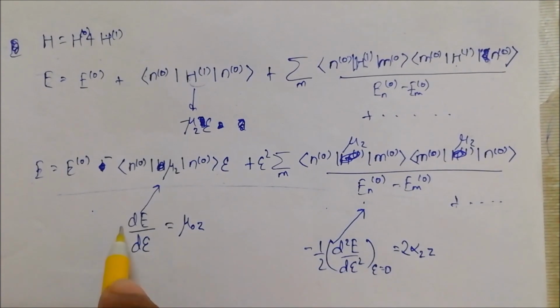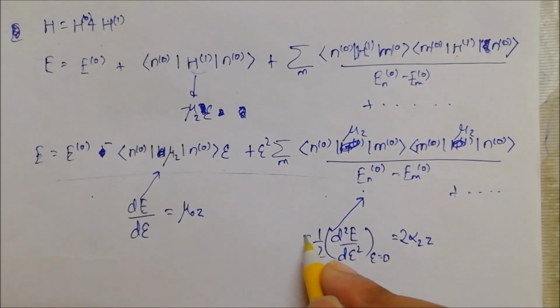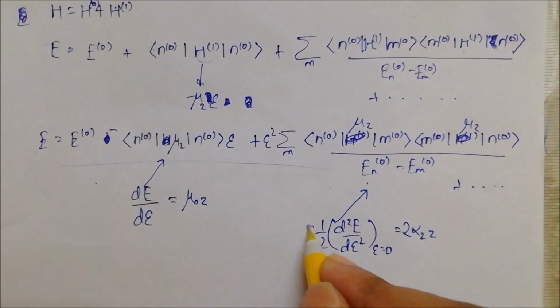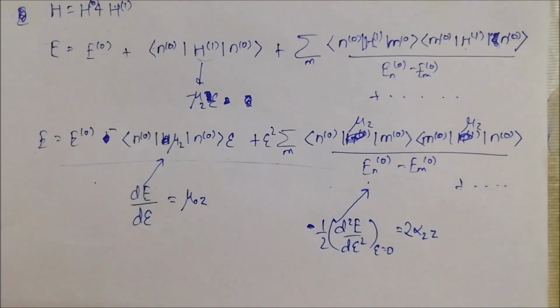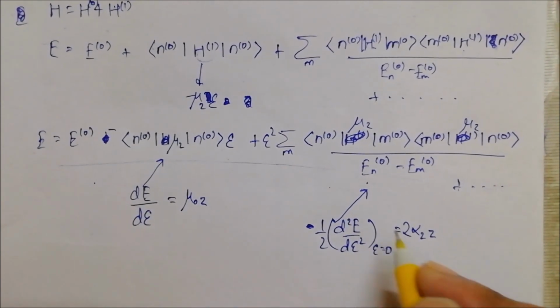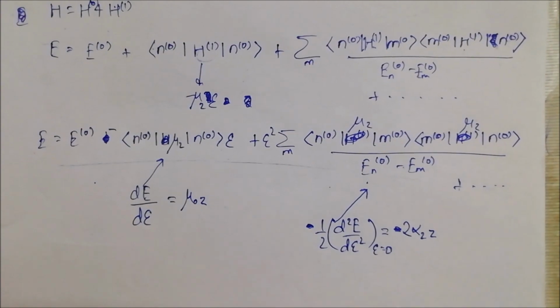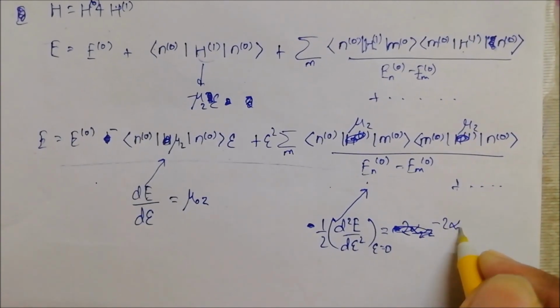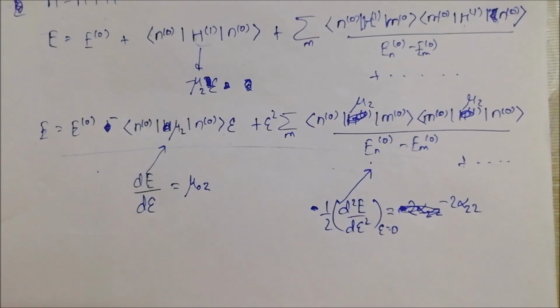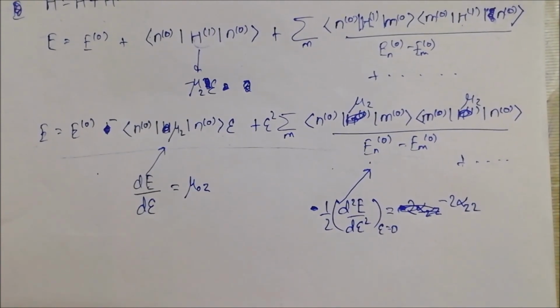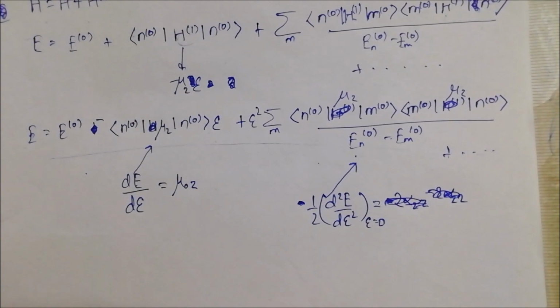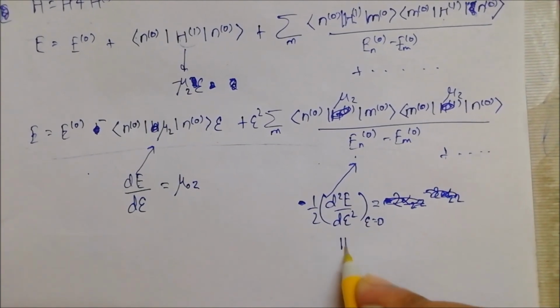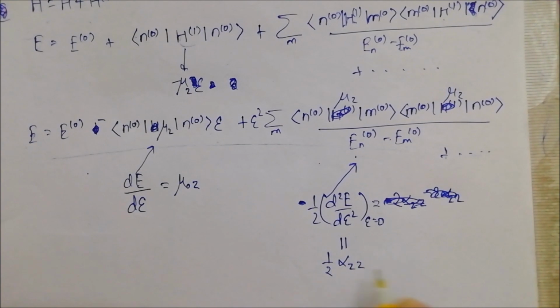This is minus, so this is just minus 2 times alpha zz, and this is nothing but half times alpha zz.